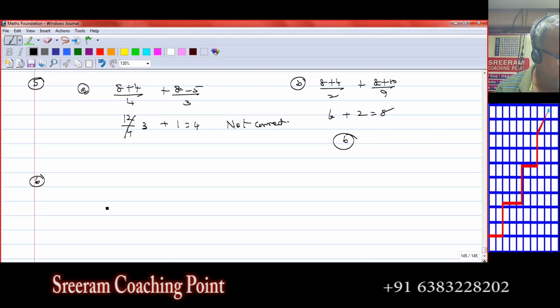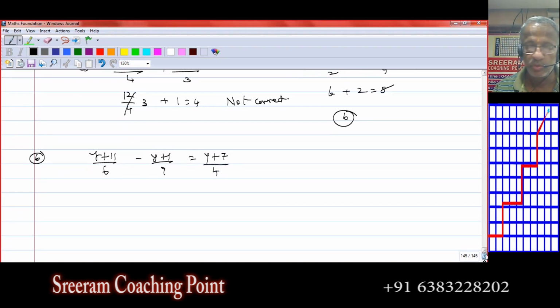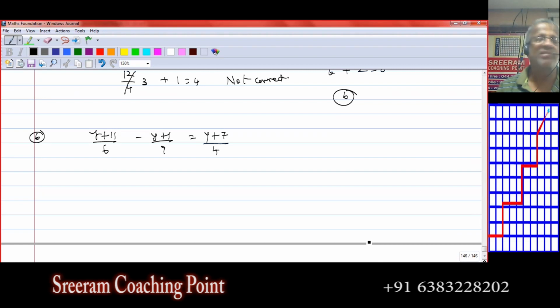6. The value of y that satisfies the equation is (y + 11)/6 - (y + 1)/9 equal to (y + 7)/4. So I just don't like this minus. I will try to negate it. So I will place (y + 11)/6 on the left hand side, and (y + 7)/4 plus (y + 1)/9.